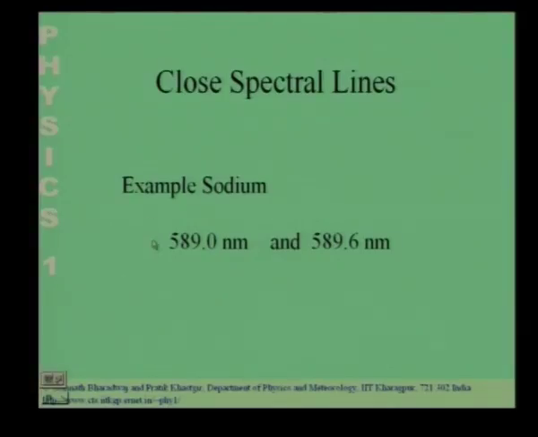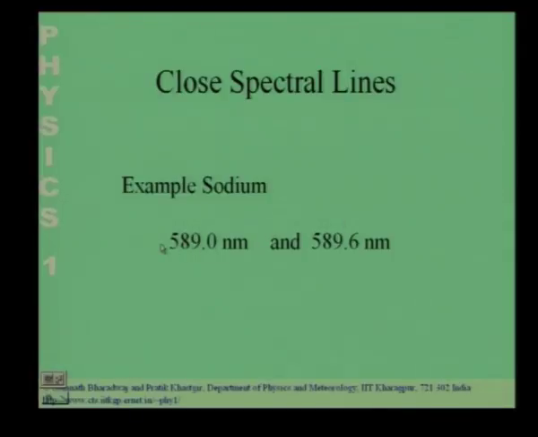For example, the sodium vapor lamp, which we use quite commonly in the lab, and which is also used to illuminate the streets. The light from the sodium vapor lamp has got two spectral lines. Sodium has got two lines which are very close together, which are produced in the sodium vapor lamp.